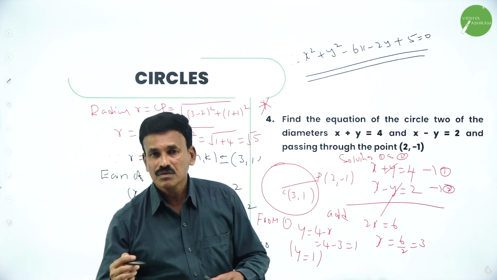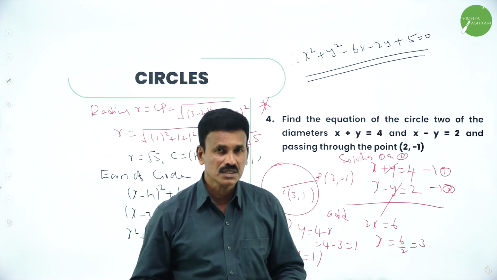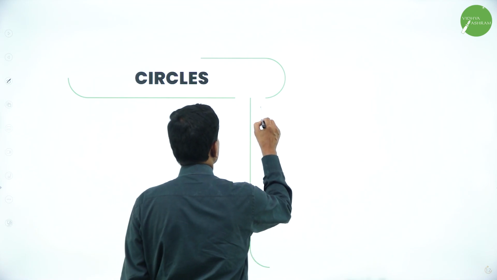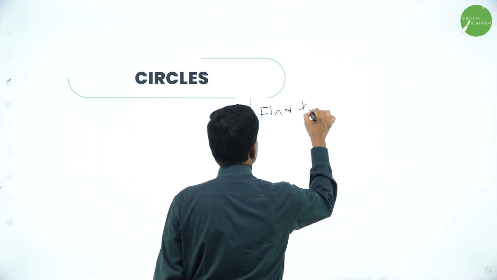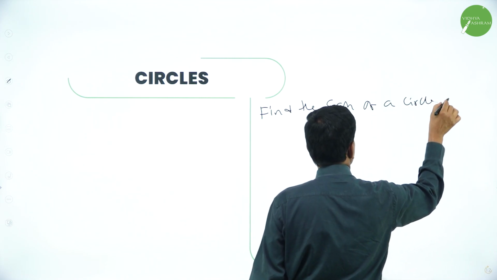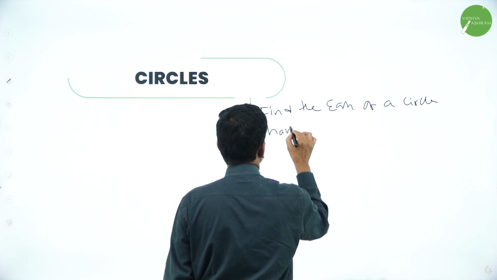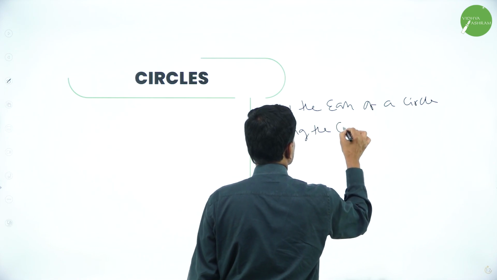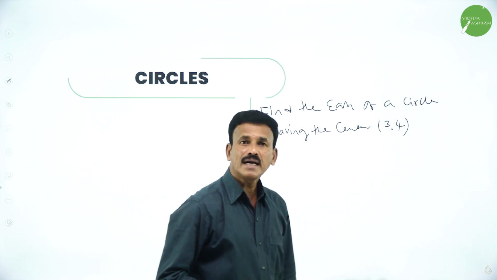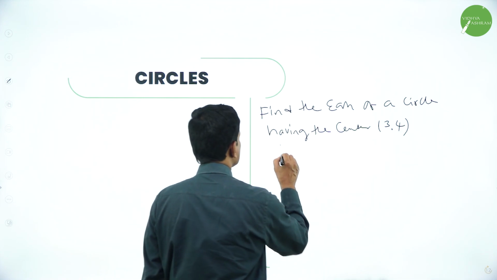Hope you followed. Very important problem and simple problem, right? Now let us take a similar type problem. Find the equation of a circle having the center (3, 4) and passes through (0, 0).